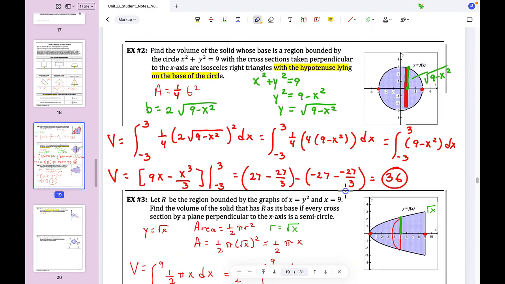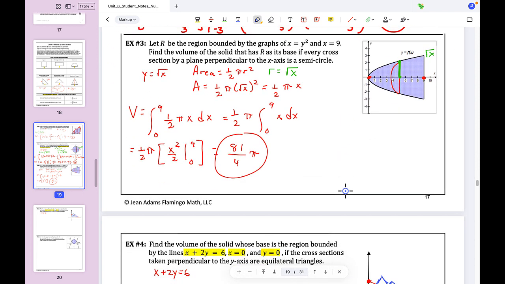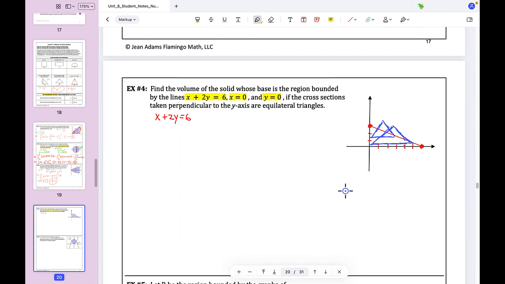On these, we were perpendicular to the x-axis. So that means when I differentiate, it's going to be a dy, so my equation has to be in terms of y. That means I'm going to solve this for x. x = 6 - 2y.